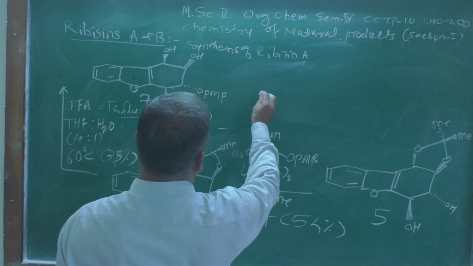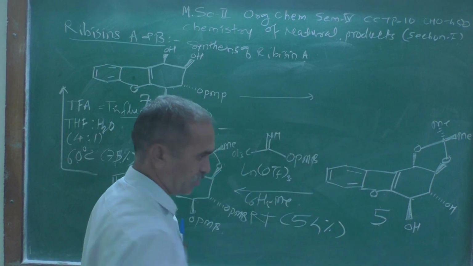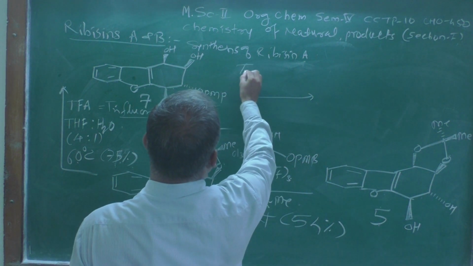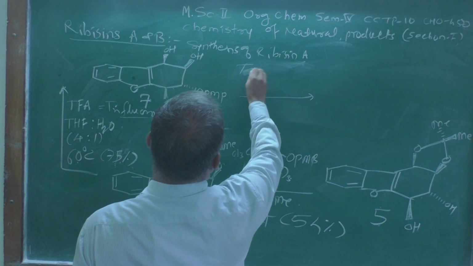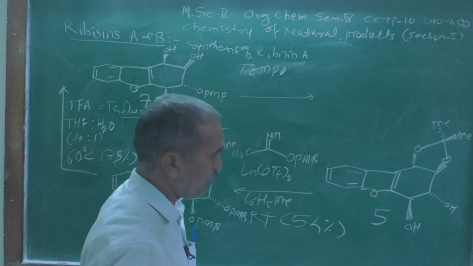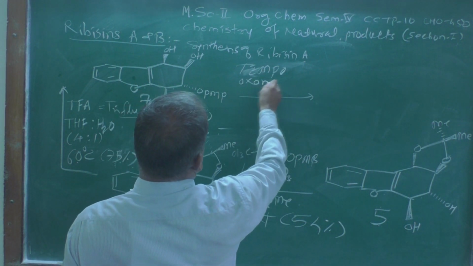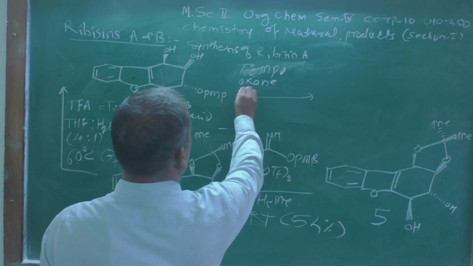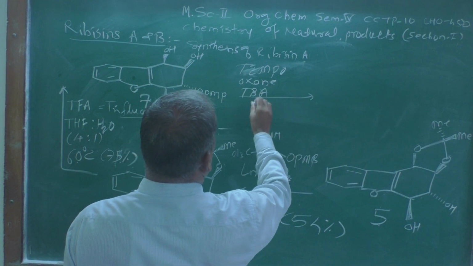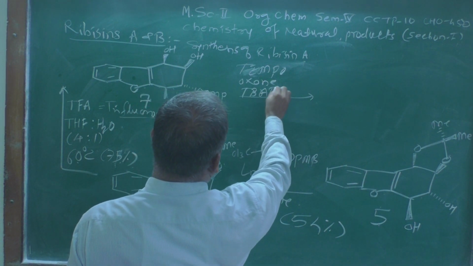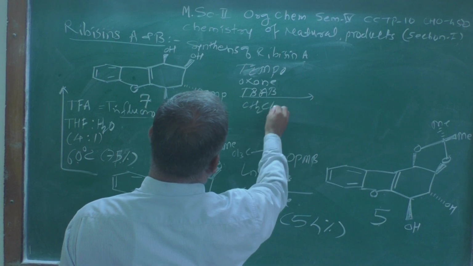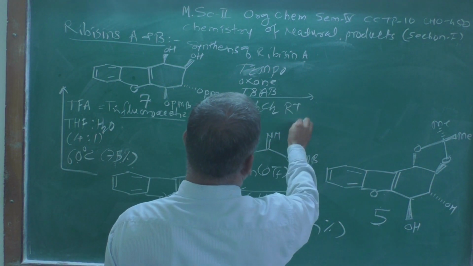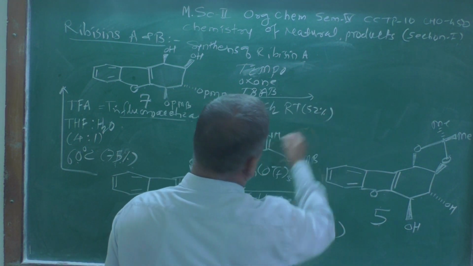And now this 7th number structure, when it is further treated with the same reagent like TEMPO, oxone, and TBAB, tetrabutyl ammonium bromide, in presence of CH2Cl2, dichloromethane, at room temperature stirred, getting as a 52%.